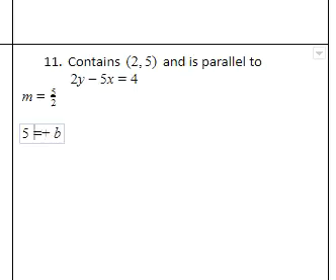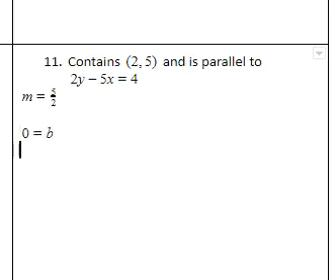Then we're going to subtract that from both sides to get b by itself. I need to do 5 minus 10 over 2, and 10 divided by 2 is actually 5, so I can change that to 5 minus 5. That's 0, so b is 0.